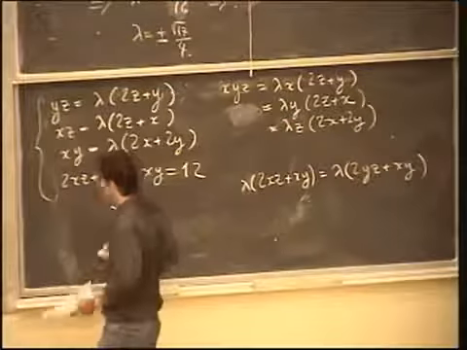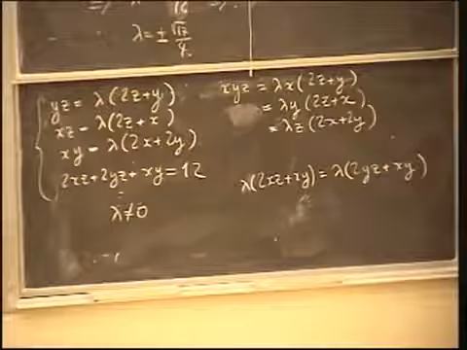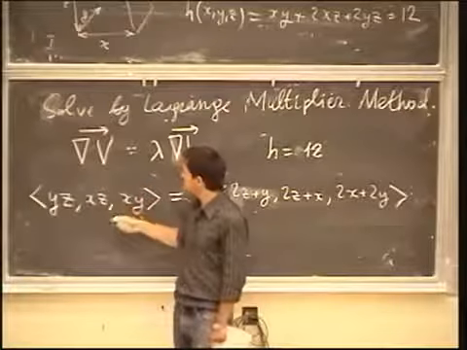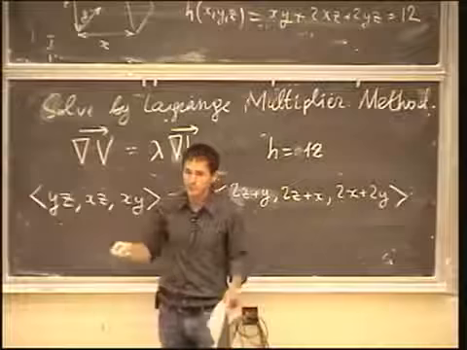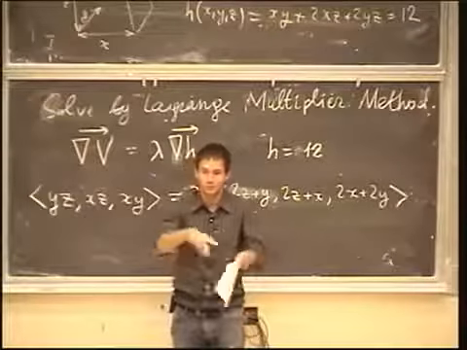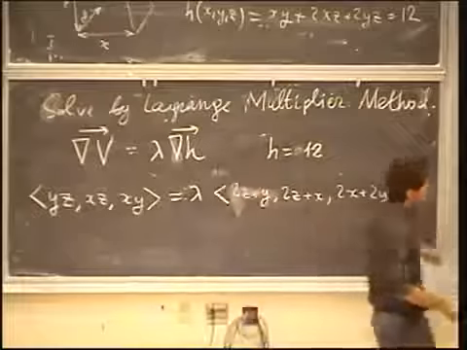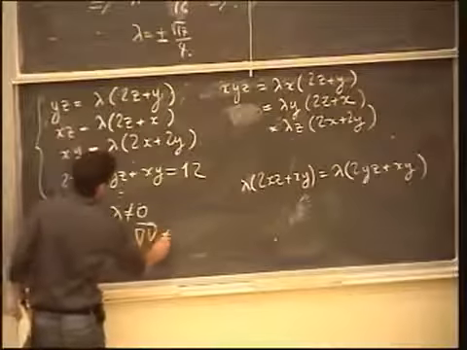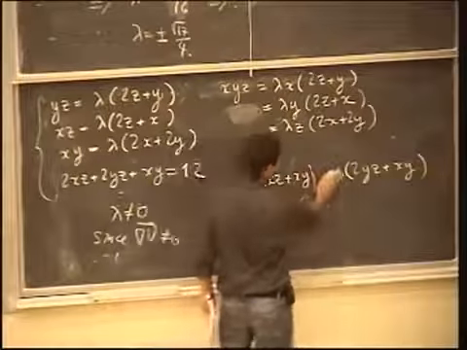Now we can show that lambda is not equal to 0, because if lambda were equal to 0, then nabla v would be 0. And nabla v being 0 means that one of the three variables is 0. But of course, a cardboard box has non-zero dimensions. So lambda is non-zero, and therefore we can divide by lambda.